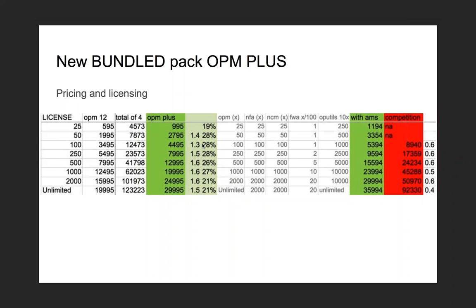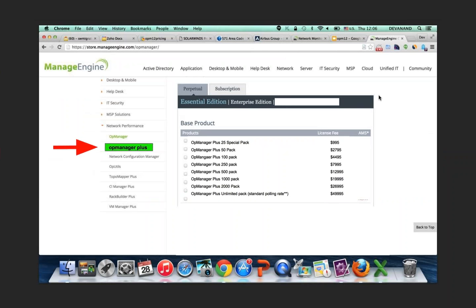We are providing almost 70% discount in the OPM Plus pricing, and the final pricing will be 60% of the SolarWinds price. OPM Plus pricing will be updated on our ManageEngine store shortly. You can have a look at it.